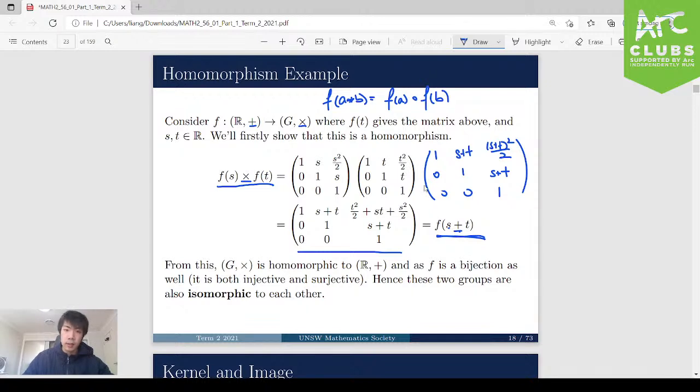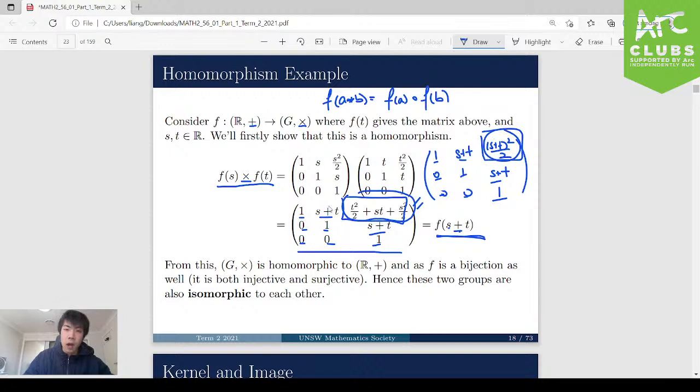And if you look carefully, these two things here are equal, right? Clearly, this is already obvious, right? And this particular element in the top right-hand corner is equal to this if you just expand this out, or if you just complete the square here.